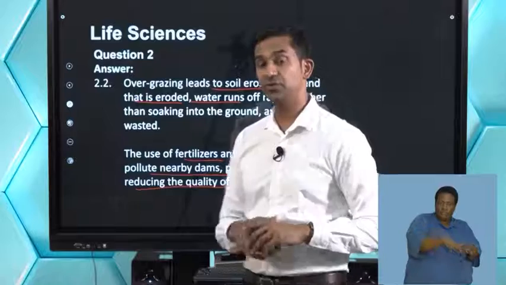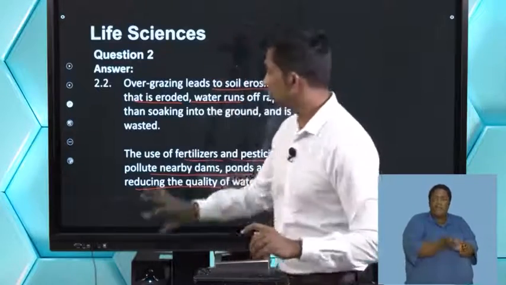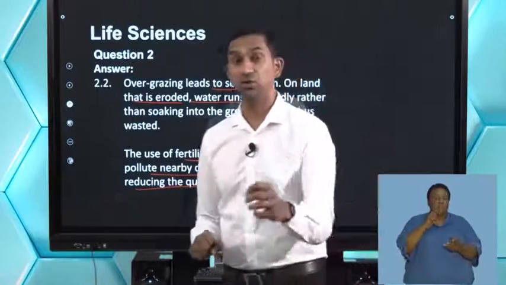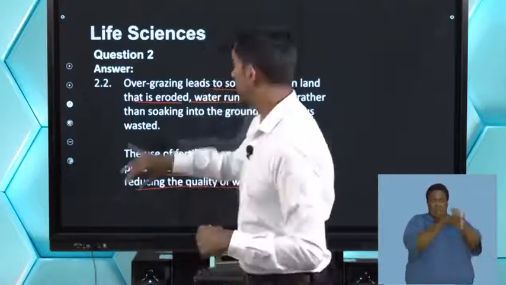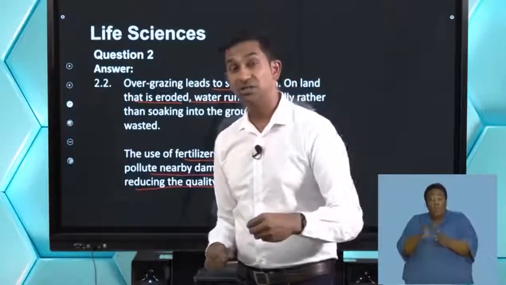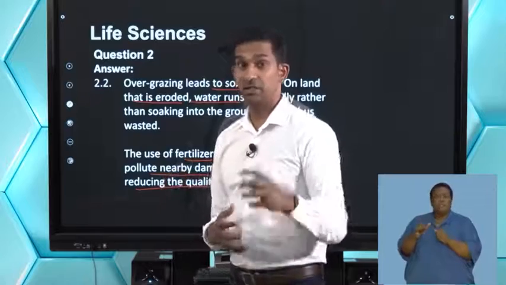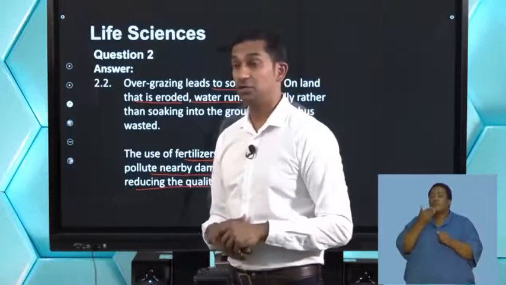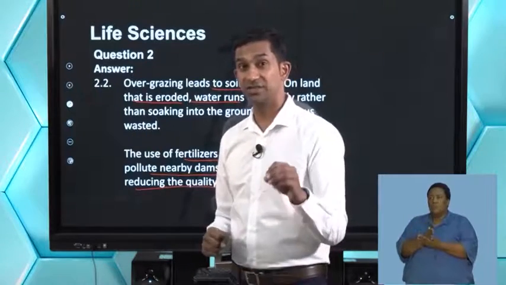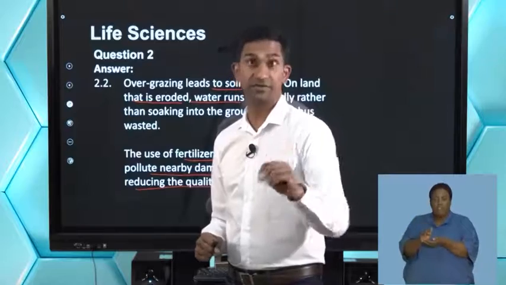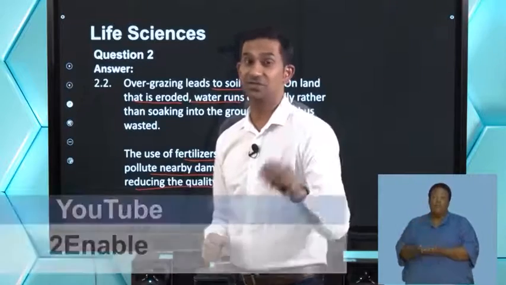And we saw that with eutrophication. So these are two simple mechanisms that can ensure that the quality of water, as well as the use of water, can be better used by farmers to ensure that there's no reduction in the amount of water available.